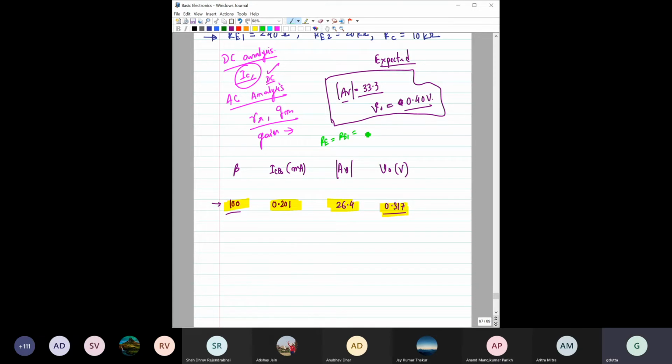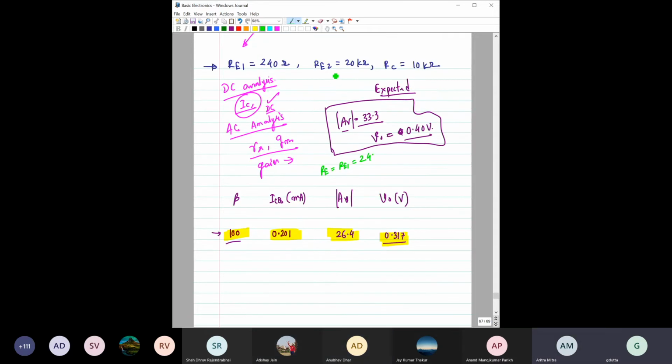So what is the value of RE1? It is 240 ohms. What was the value of RE1? 238, 243, but we have considered how much? Actual circuit 240. Okay, so say 240 ohm. Then it is 1 plus beta into 240 ohm. Can any of you calculate the value?